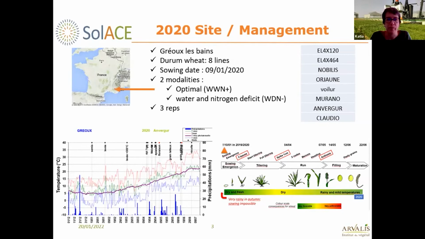So the field had a drought stress during the elongation of the stem, and then at the end of the development, during grain filling, we had quite rainy and mild temperature, so quite optimal conditions.